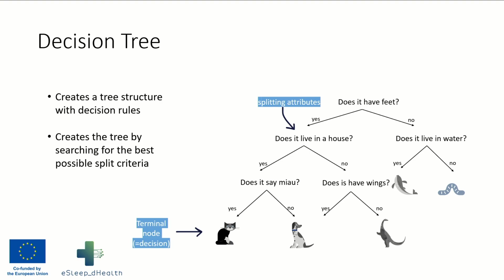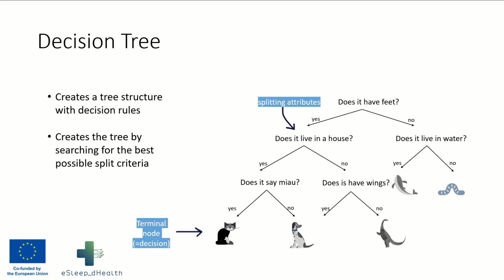And let's imagine we're seeing a picture of a dog. Then we would ask ourselves the question, does it have feet? And yes, it has. So we would move to the left branch of the tree and approach another splitting attribute. So we would ask ourselves another question: does it live in a house?